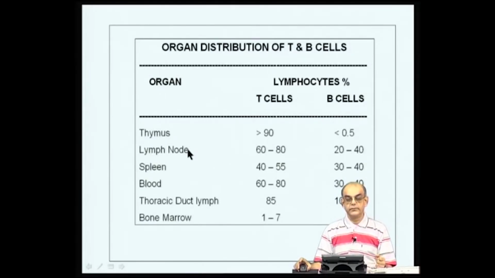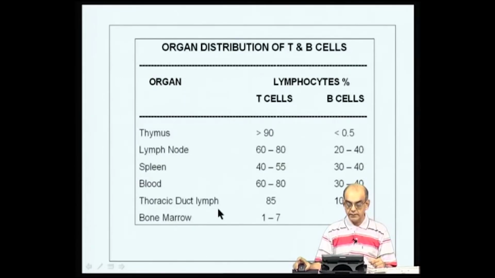In the lymph node, you find that 60 to 80% of the cells that occupy a lymph node are T cells, and about 20 to 40% are B cells. In the spleen, which is a more organized secondary lymphoid organ, you find about 40 to 55% making up T cells and 30 to 40% B cells in nature. And in the blood, it is about 60 to 80% T cells and 30 to 40% B cells.